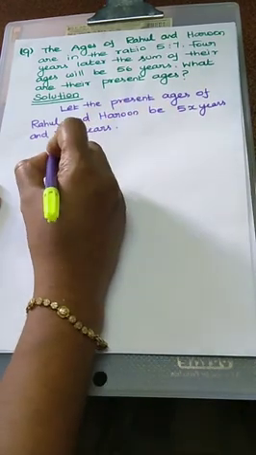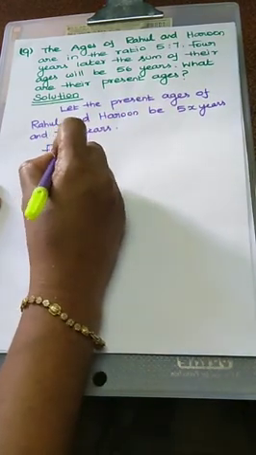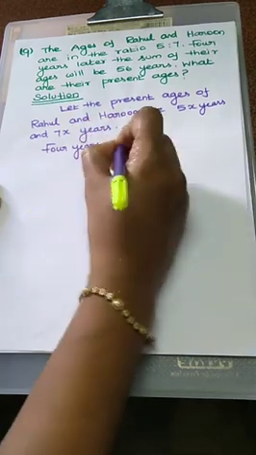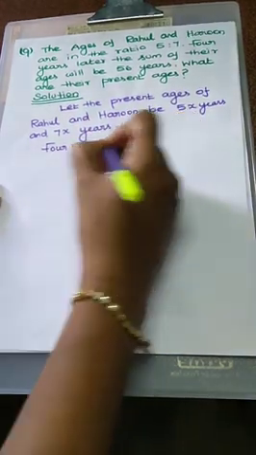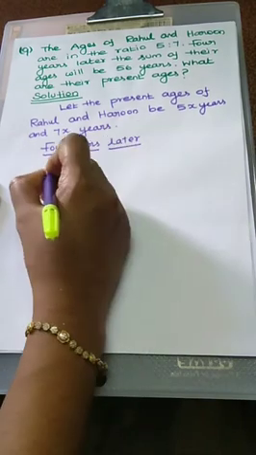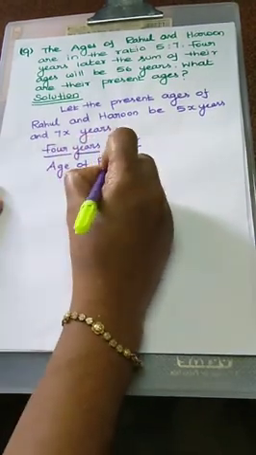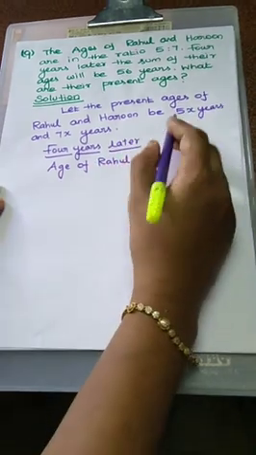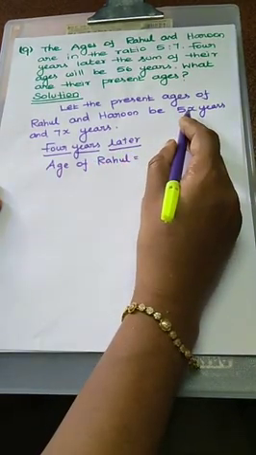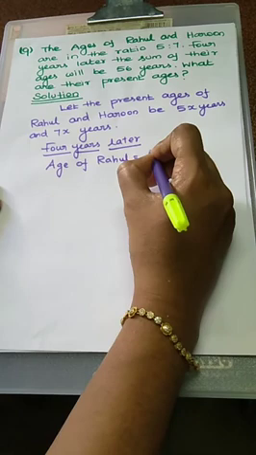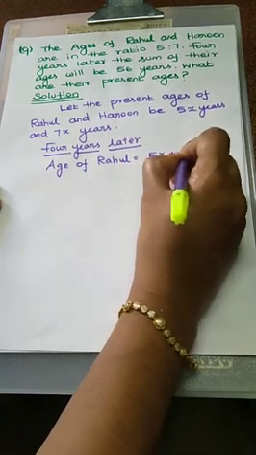What is given next clue? 4 years later only. So 4 years later. Actually first we have to take age of Rahul. That is first Rahul's age we take 5x. Now we have to add 4. So the answer is 5x plus 4 years.